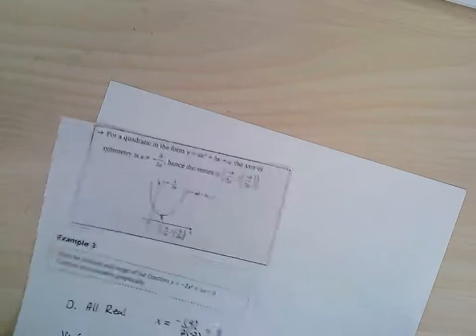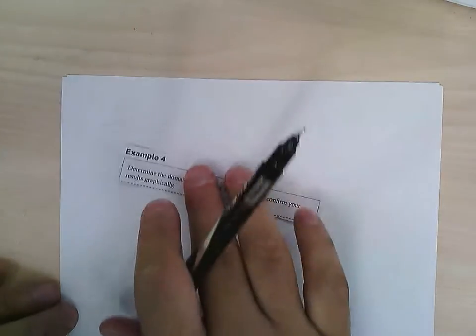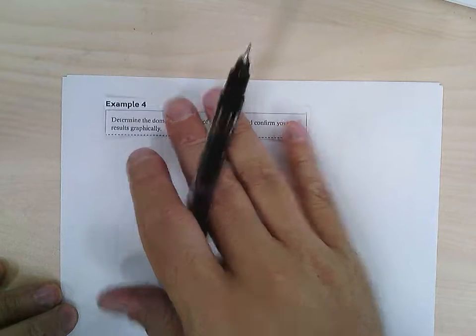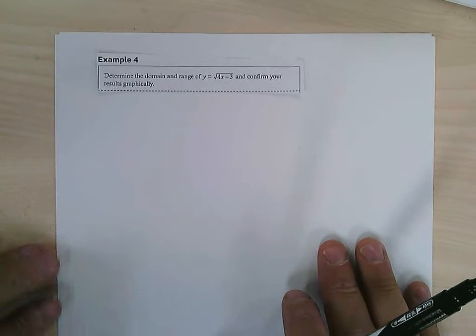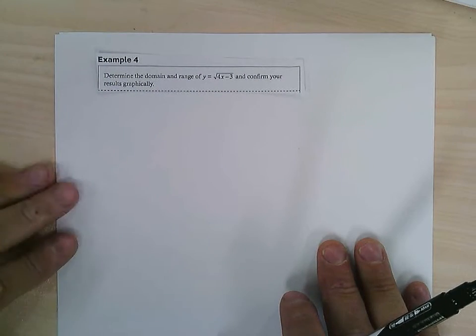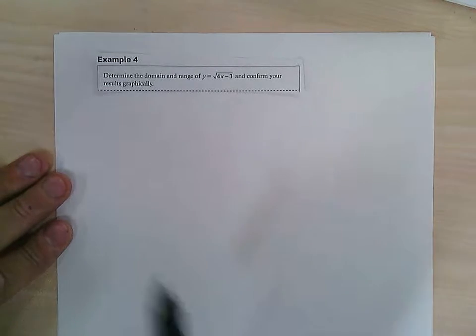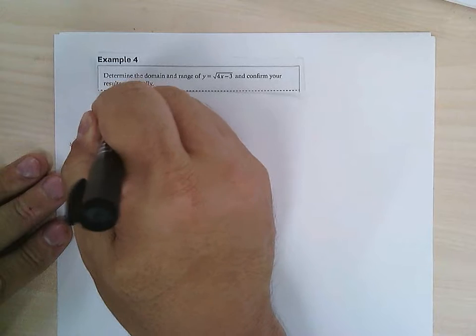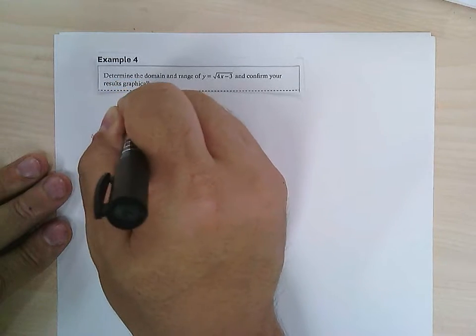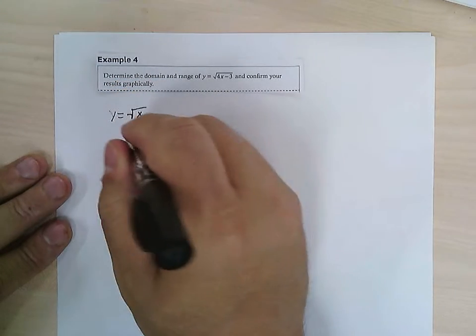Now, let's see another example. The next one isn't a quadratic, but a radical. Example 4 says determine the domain and range of y is equal to the square root of 4x minus 3. Well, what do we know about the parent function, the square root of x? What does that look like?